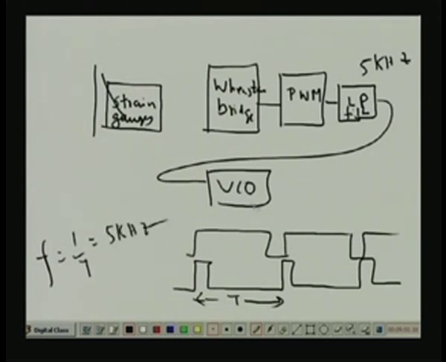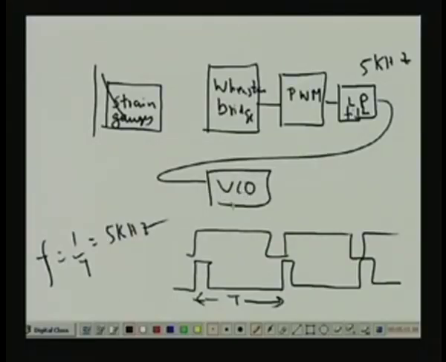Whereas the VCO frequency is quite high, around 10 megahertz or something like that, right. So some DC voltage will come down here, which is given to the output. So the output voltage of the VCO will be proportional to the DC voltage we give, and this DC voltage again will depend on the unbalanced voltage of the Wheatstone bridge. Clear?